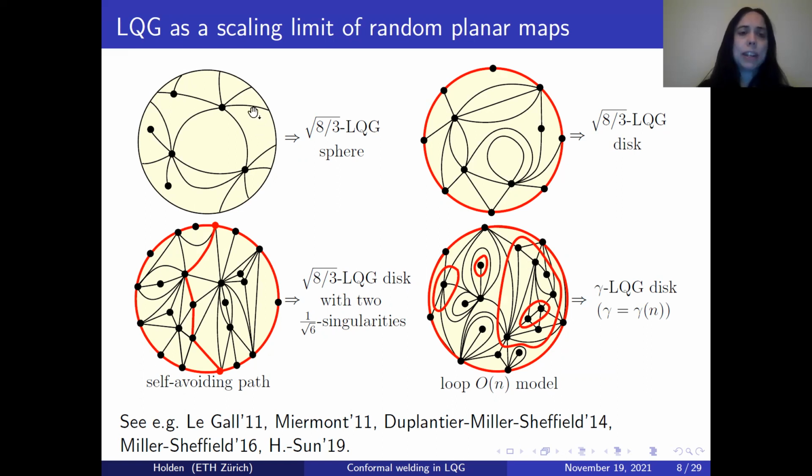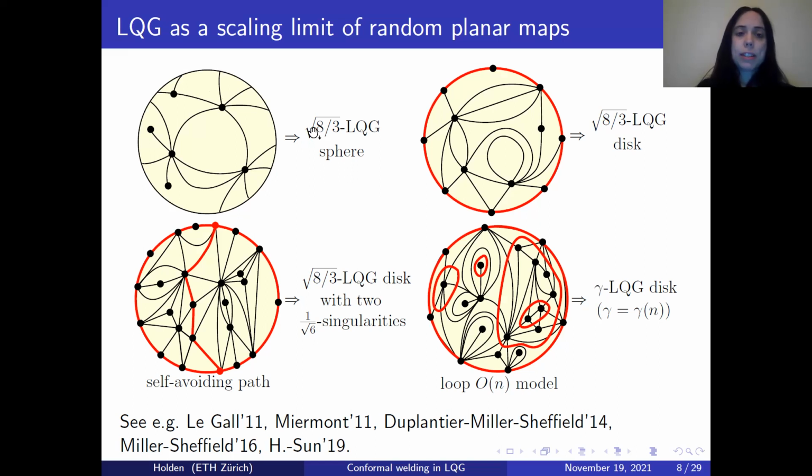I will not be giving any precise definitions related to planar maps in the talk, but roughly speaking, a planar map is just a graph which has been drawn on either the sphere or some subset of the complex plane. It has been proven that if this planar map is sampled uniformly at random from all planar maps on the sphere of a given size, then it converges in scaling limit in some sense to the LQG surface known as the LQG sphere.